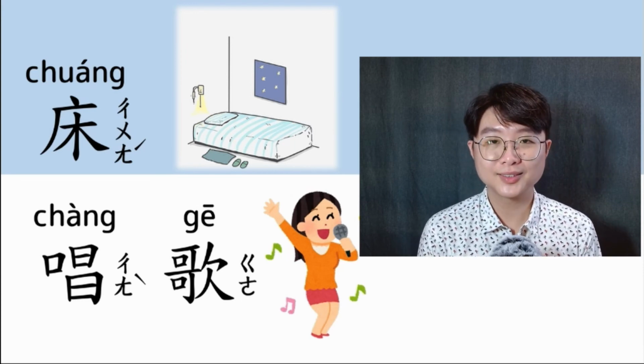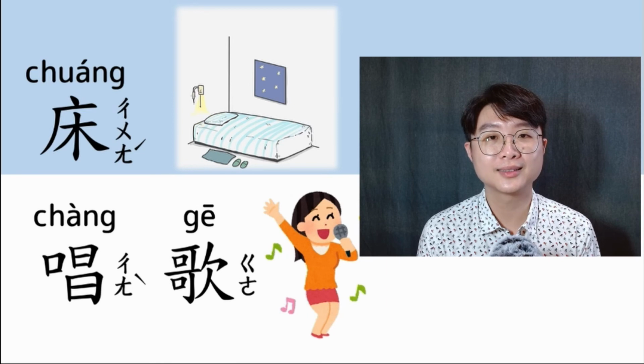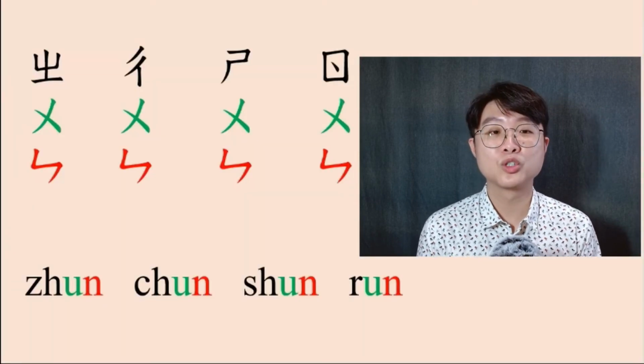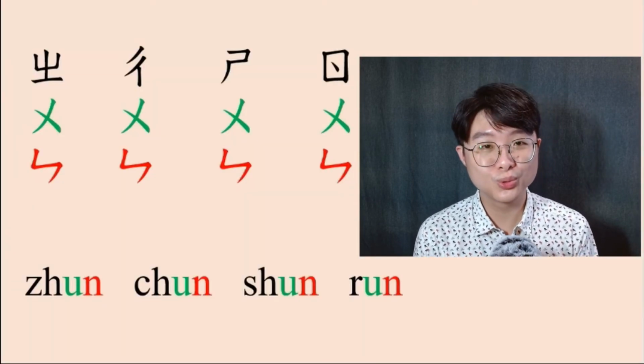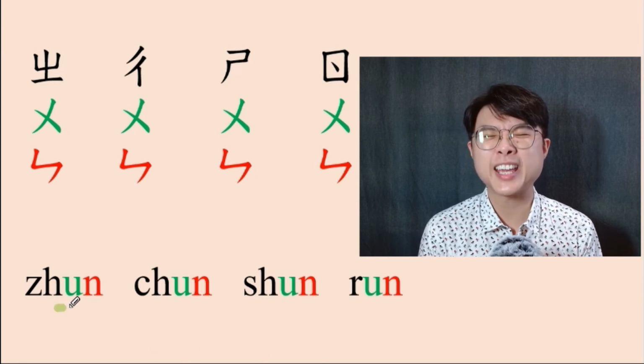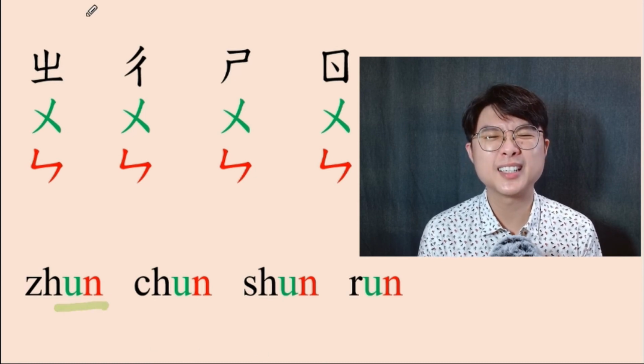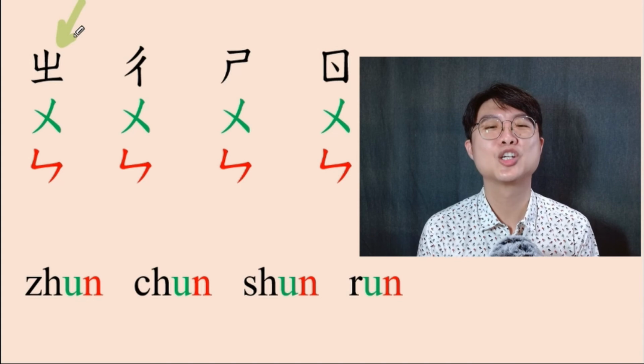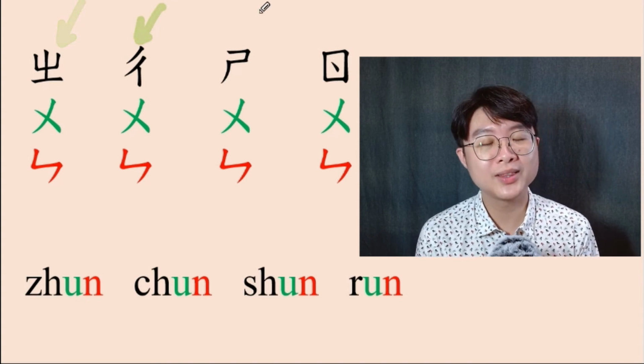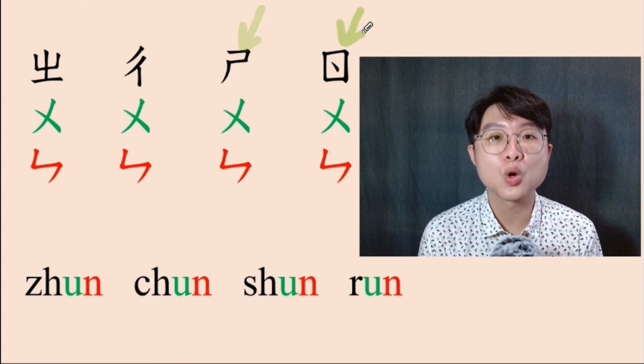And do you like singing? 唱歌. When 猪 出 shu, ru go with the nasal vowel n, it's like 尊 春 shun, run.